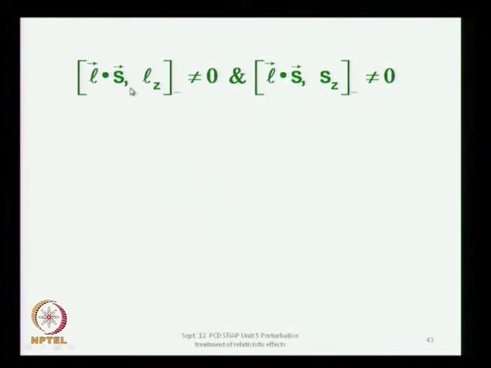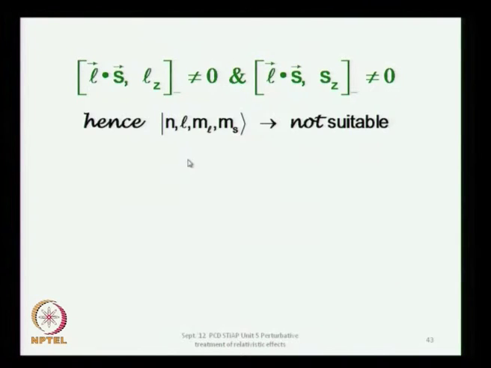So, the consequence is that the L dot S, this is the perturbation term, does not commute with Lz, it does not commute with Sz either, which means that Ml and Ms will not be good quantum numbers, because the perturbation term does not commute with Lz.